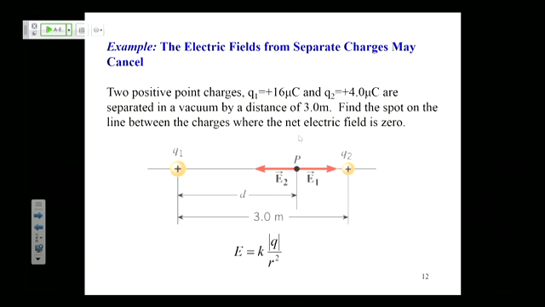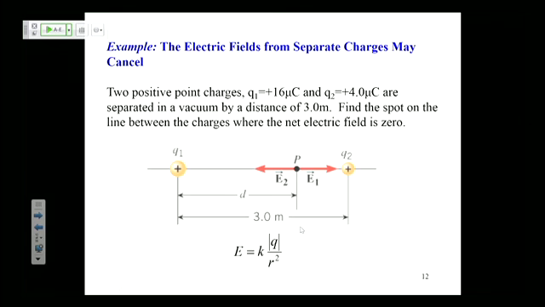While if you pick any other point, like here, the two fields are not opposite to each other, so they will never cancel. So the only place where electric field may cancel is along the line connecting the two charges.